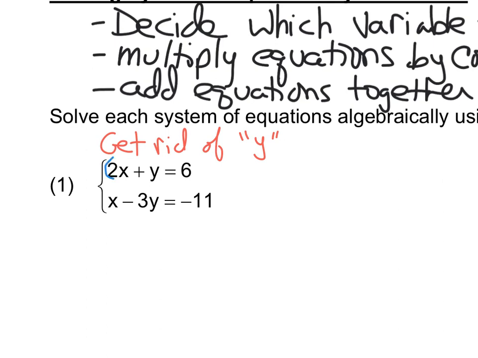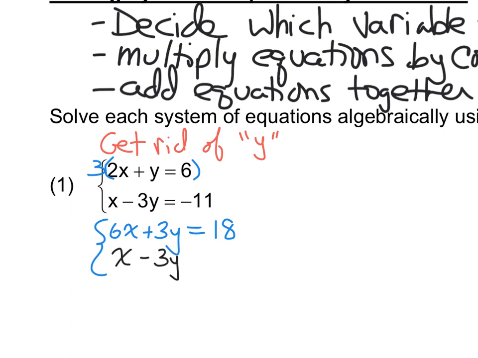In order to do that, I could multiply my first equation by 3. All right, so that would give me a new first equation of 6x plus 3y equals 18. And my second equation would stay the way it is. x minus 3y equals negative 11.